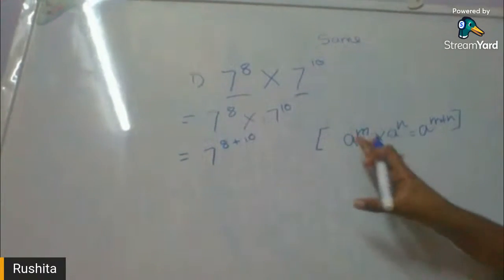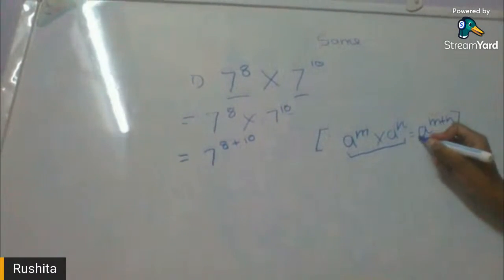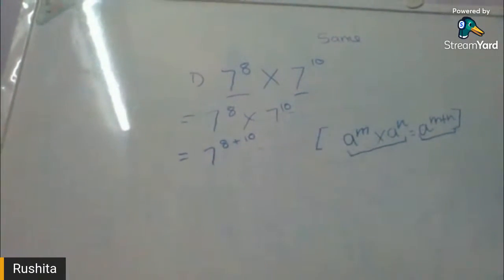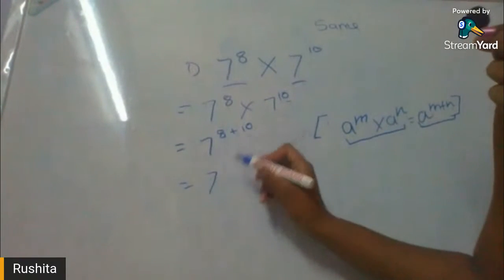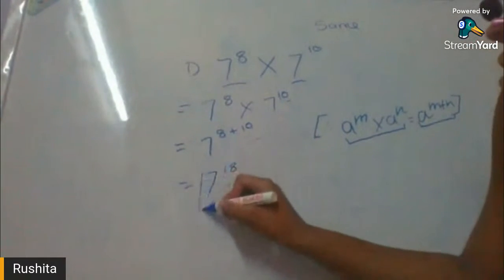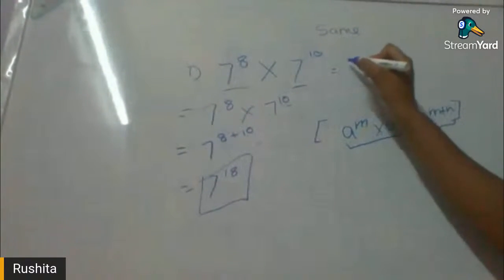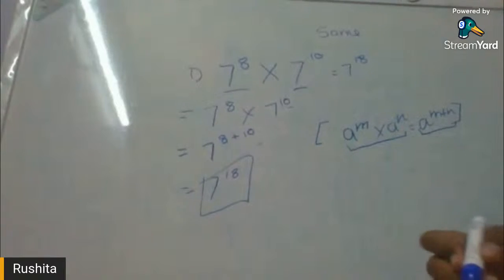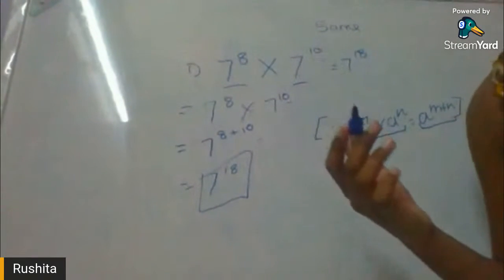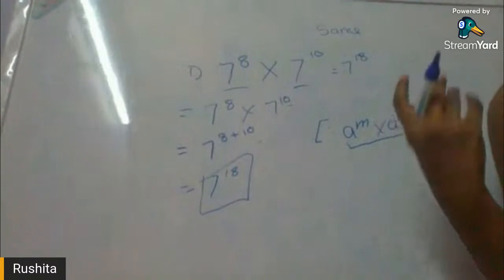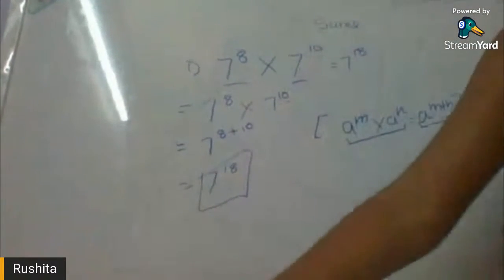This part I've written over here, and this part I've written over here. Now 7, 8 plus 10, 18, and the answer you've got is 7 to the power of 18. Right? These laws are some formulas or mental math that help you make the sums easier.